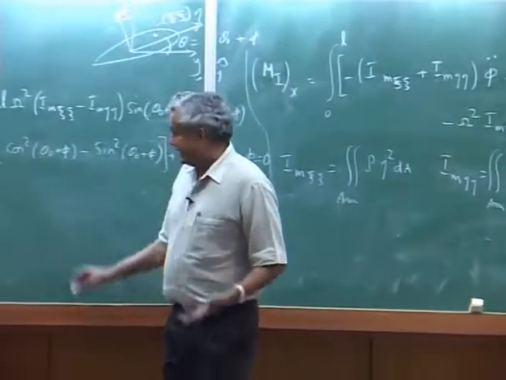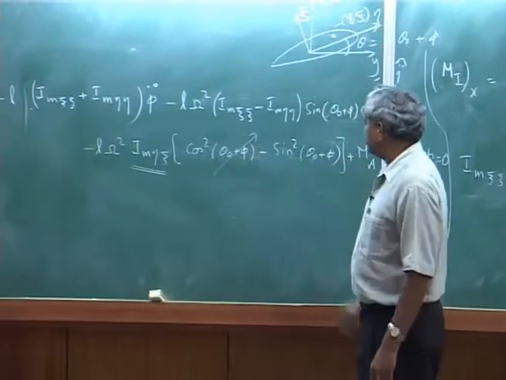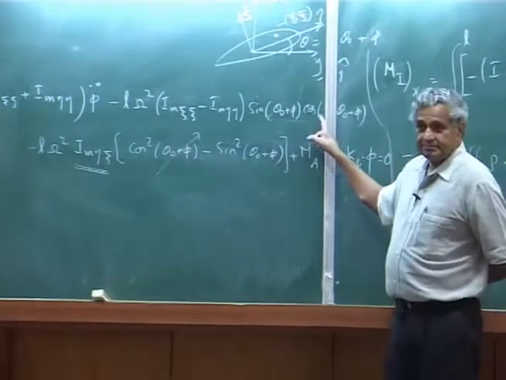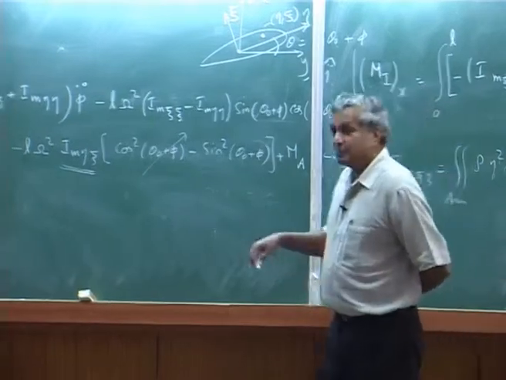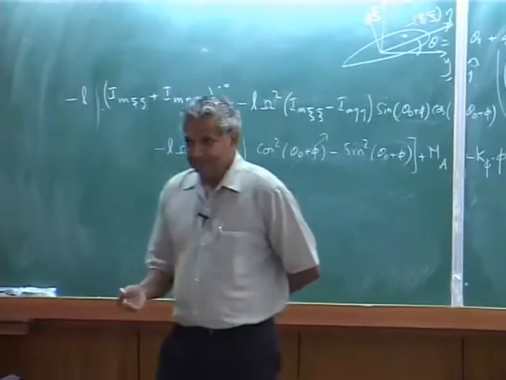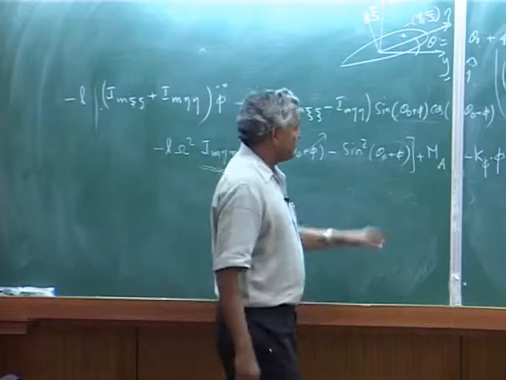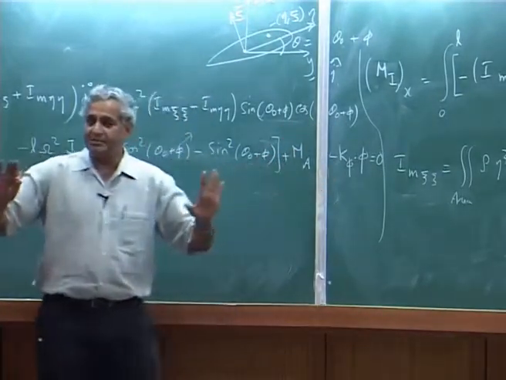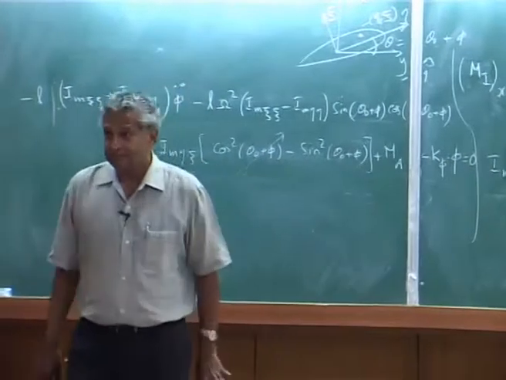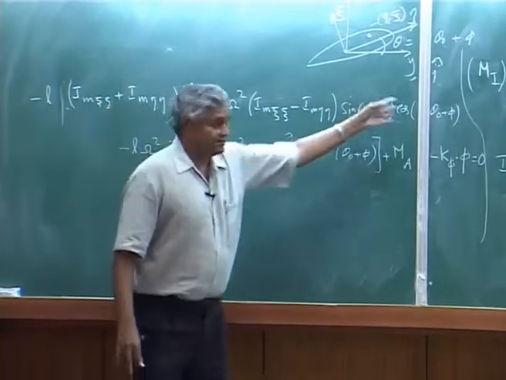Even if you make this go to 0, this is nonlinear sine. So, what you do is you expand. Suppose you say I am operating at 0 pitch angle, then theta naught also is gone.